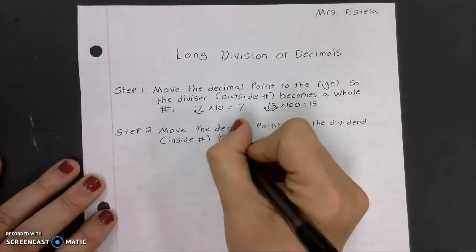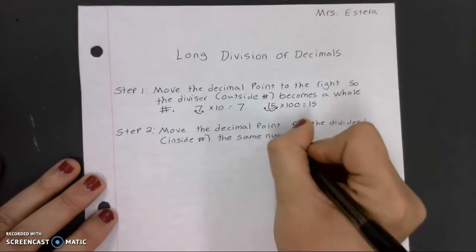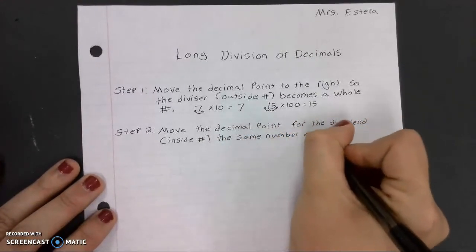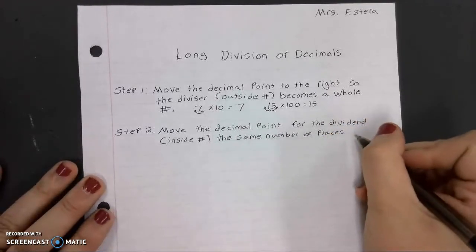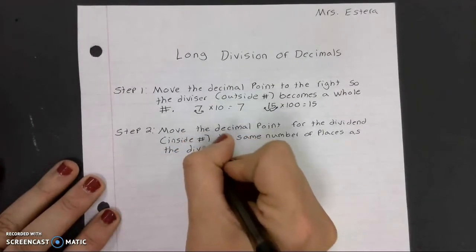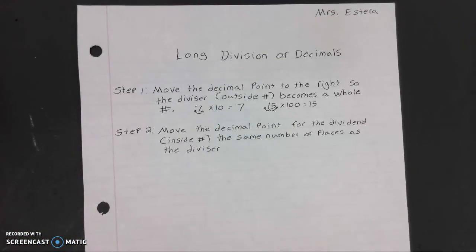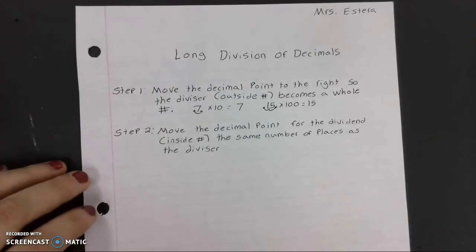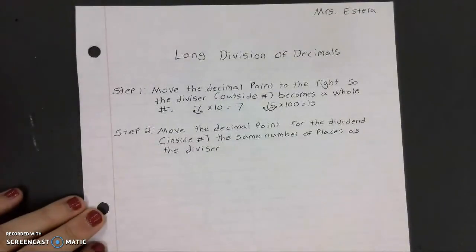The same number of places as the divisor. Okay, so what this means is if I multiply my divisor by 10, I also need to multiply that dividend by 10. So whatever I do to that outside number, I also have to do to the inside number. So whatever I do to that divisor, I have to do to my dividend.